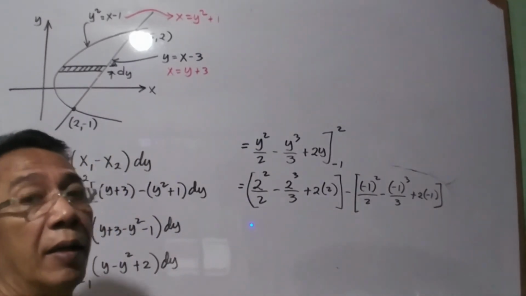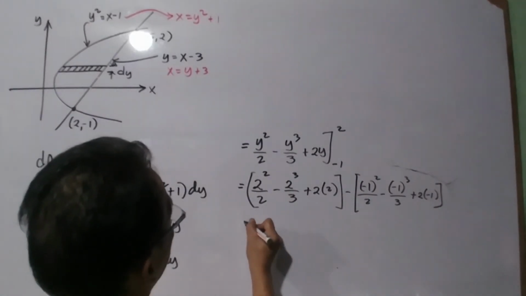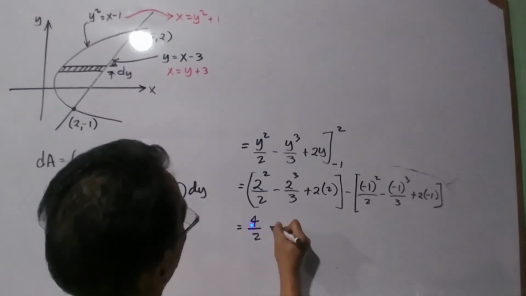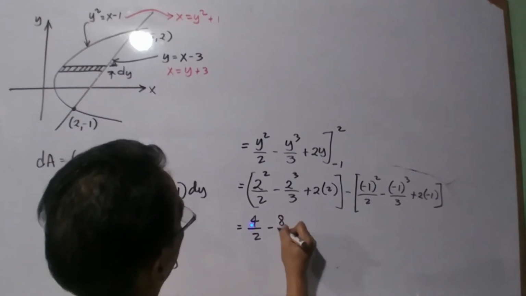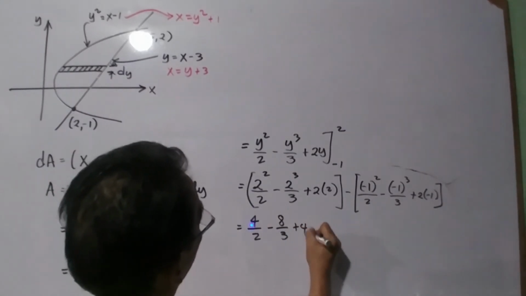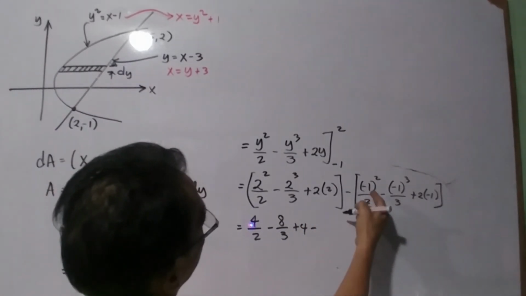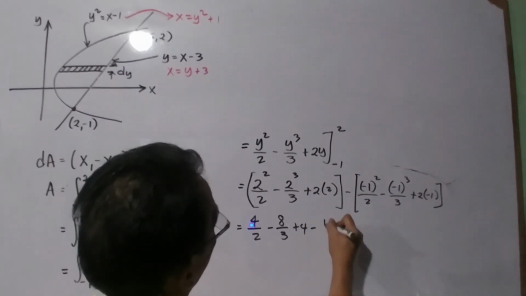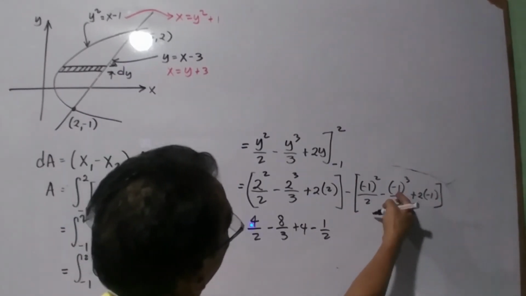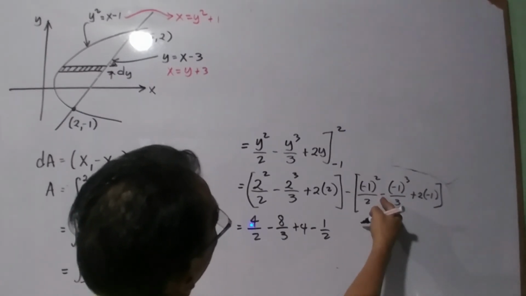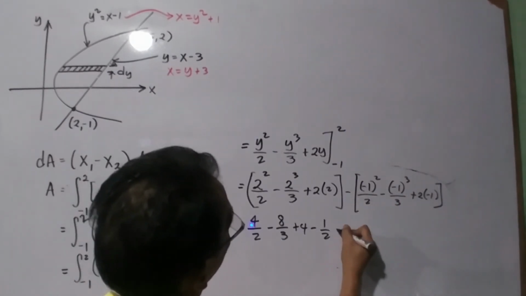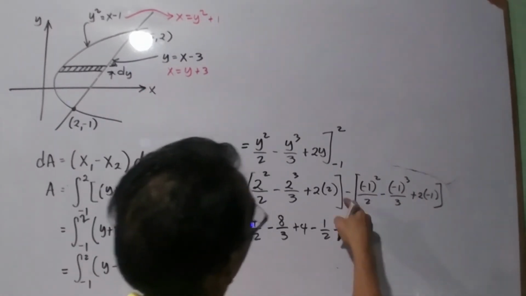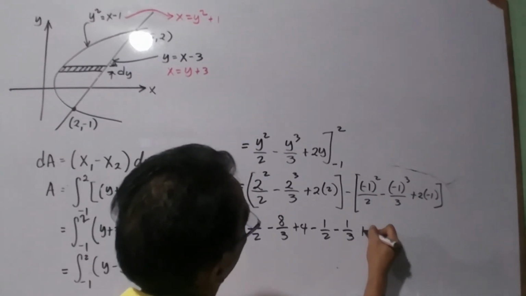Simplify. We have 4 over 2 minus 8 over 3 plus 4 minus, ito maging positive 1 half, negative positive, negative 1/3, negative positive, plus 2.